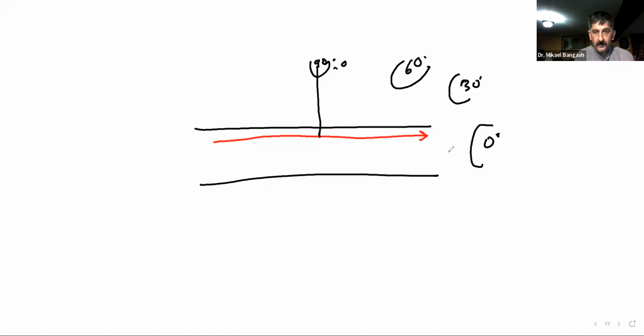So in this case, they will all be positive Doppler shifts. Did that make sense?